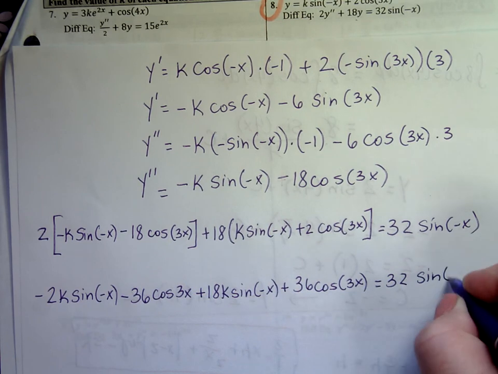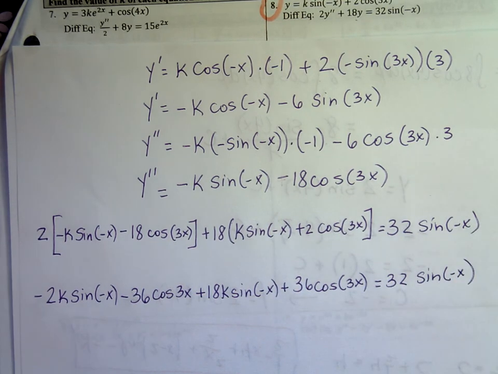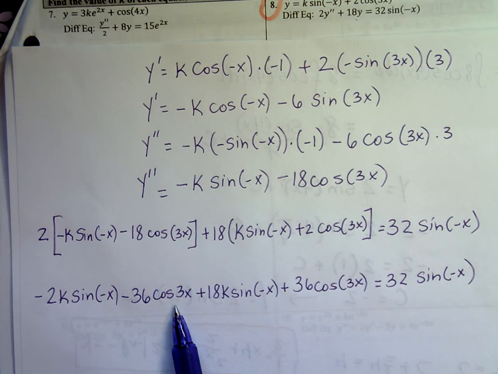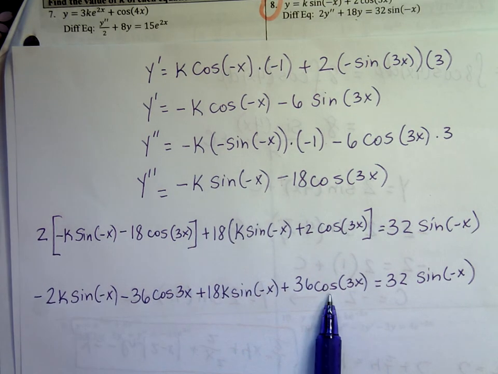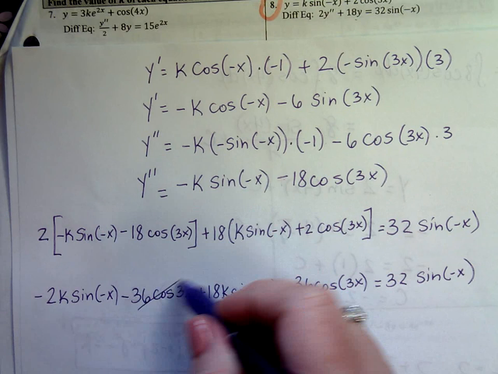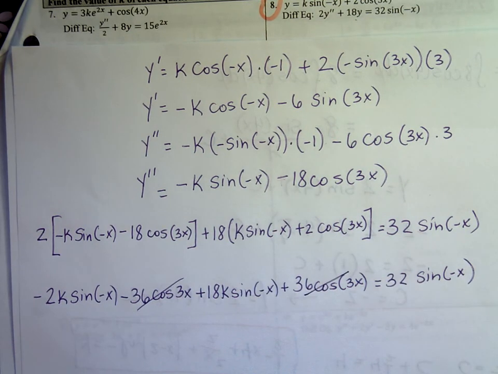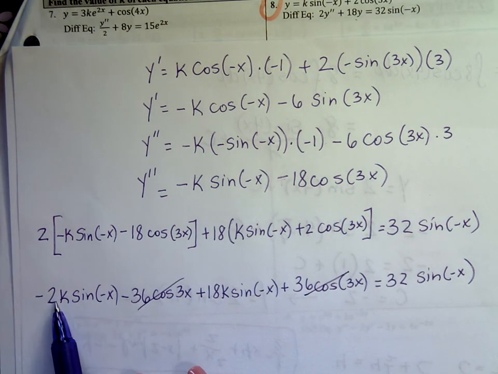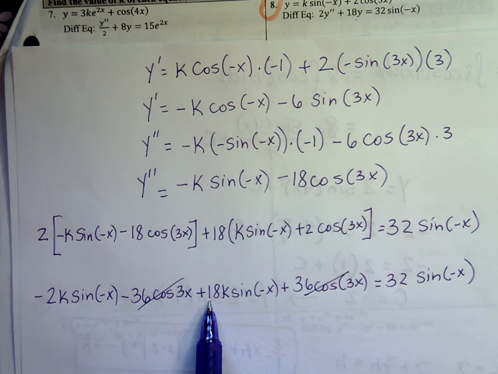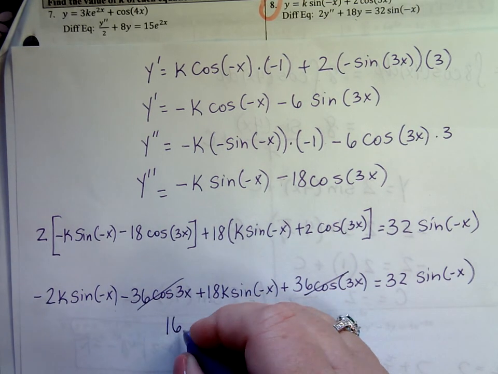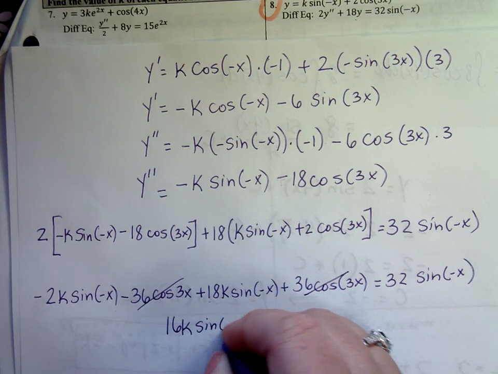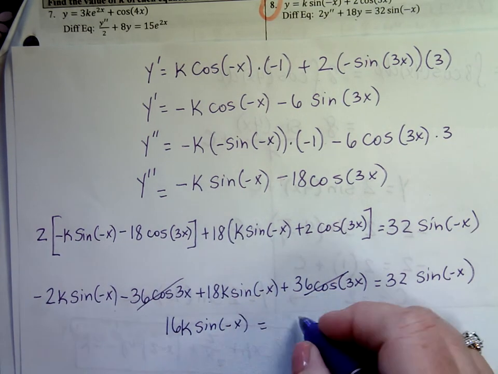Now, just like before, we're hoping that the terms that do not have k's in them cancel out. So let's check it out. I have a negative 36 cosine of 3x and a positive 36 cosine of 3x. Bye-bye terms. I have negative 2k sine of negative x, and I have 18k of the same. So I've got 16 ultimately. 16k sine of negative x is supposed to equal 32 sine of negative x.